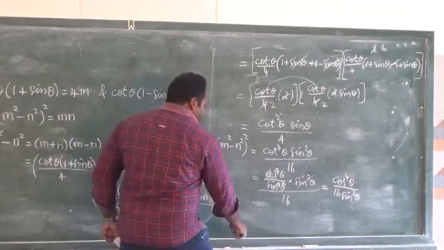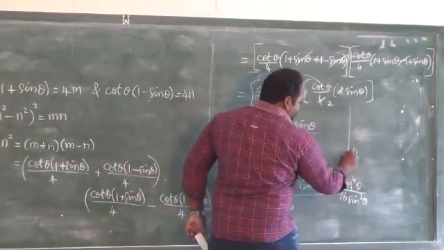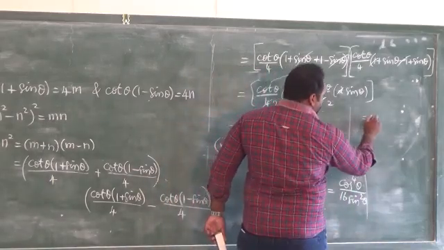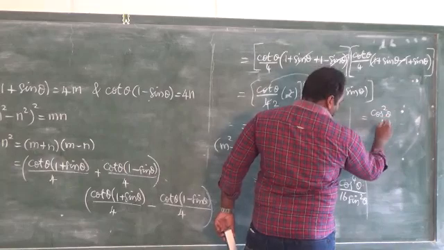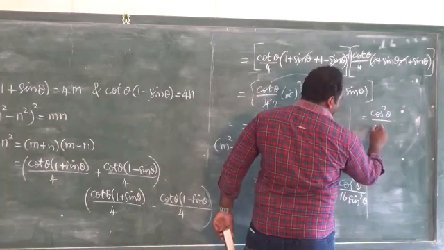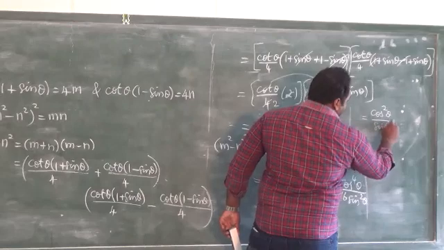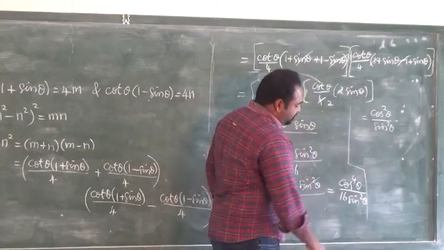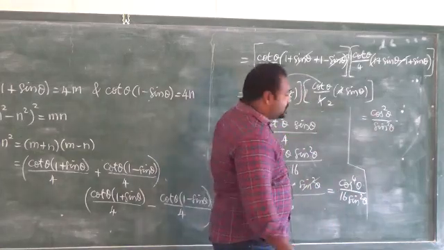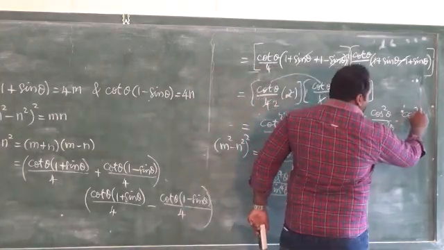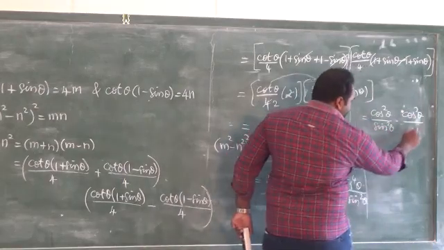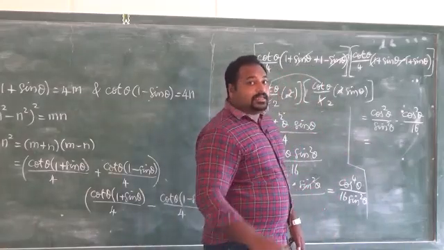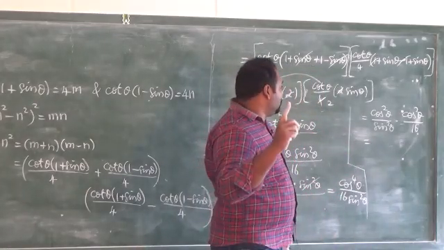So this can be written as cos square theta by sin square theta into cos square theta by 16. Here I am just splitting the power: instead of cos power 4, I have written cos square theta into cos square theta by 16, and I am keeping it here itself, because if you see equation 1, we have to bring it like equation 1.